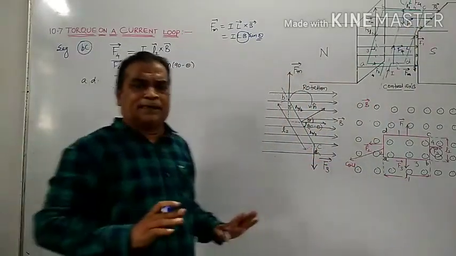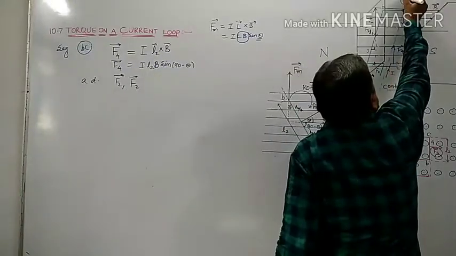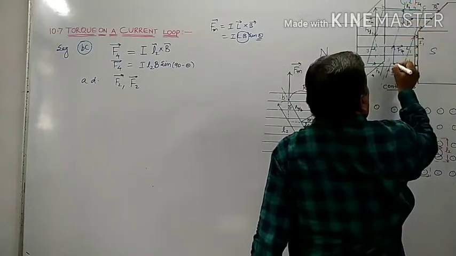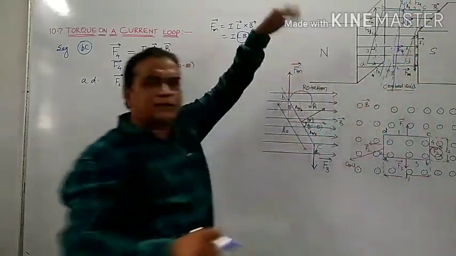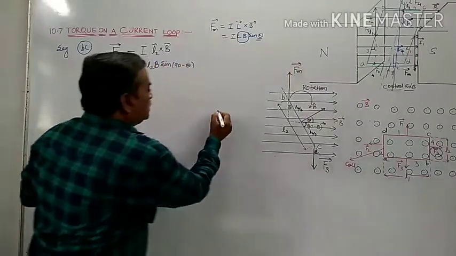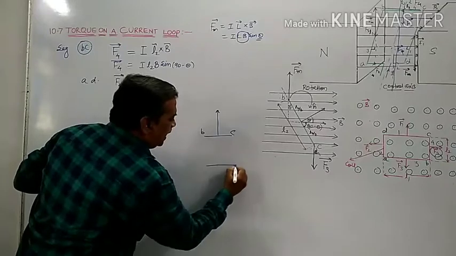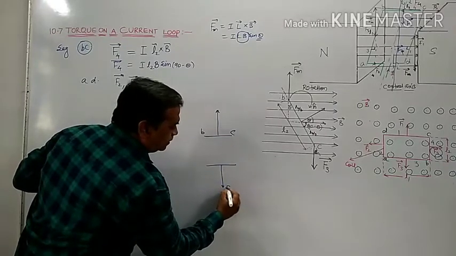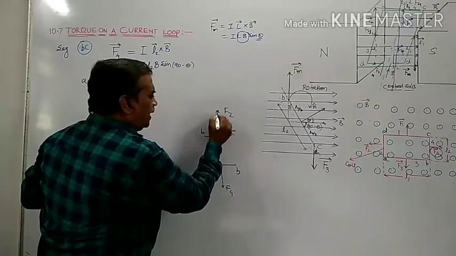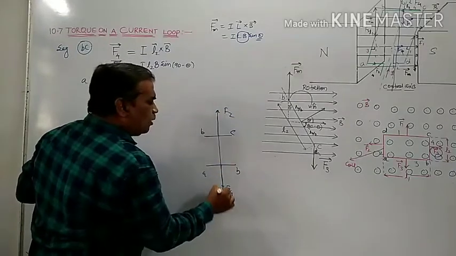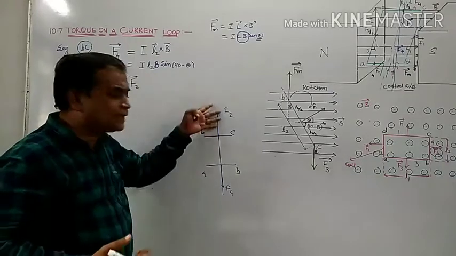Again, one important thing that you must remember is that their line of action of force is the same, meaning both forces, F2 acting on AD and F4 acting on segment BC, have the same line of action.